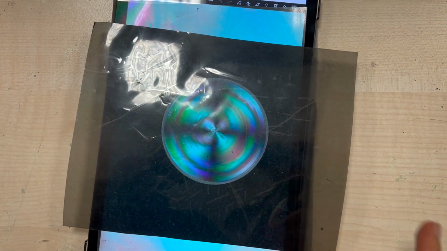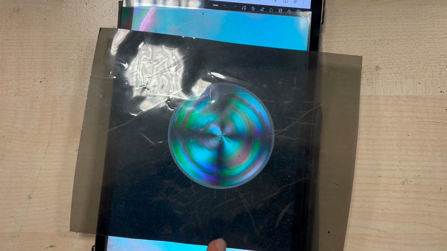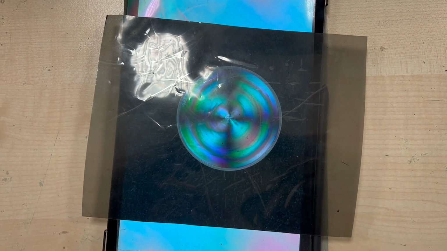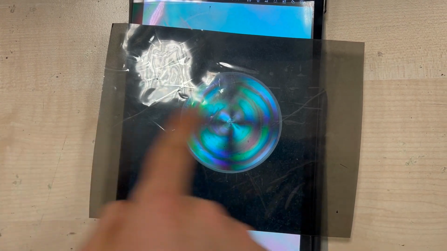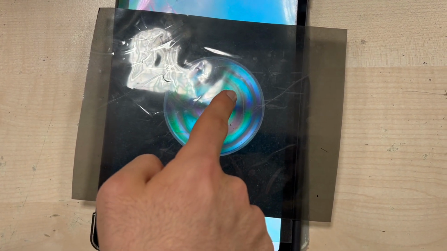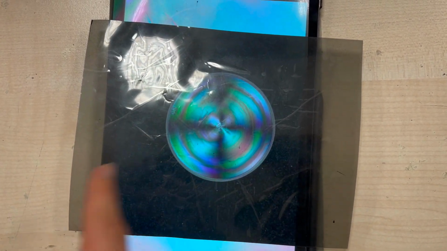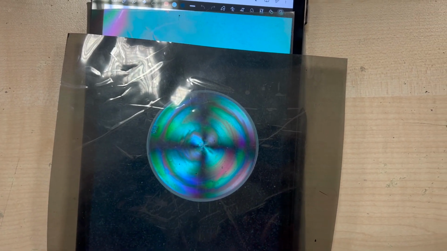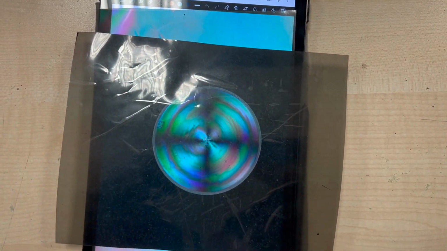These plus-like shapes are the isoclinic fringes, and they appear dark because of the alignment of the transmission axes of the polarizers and the principal stress direction. And these colorful fringes are isochromatic fringes, and they show how stress distributes around the object.